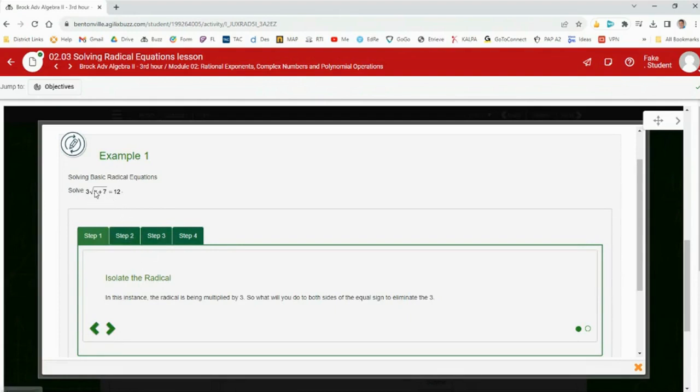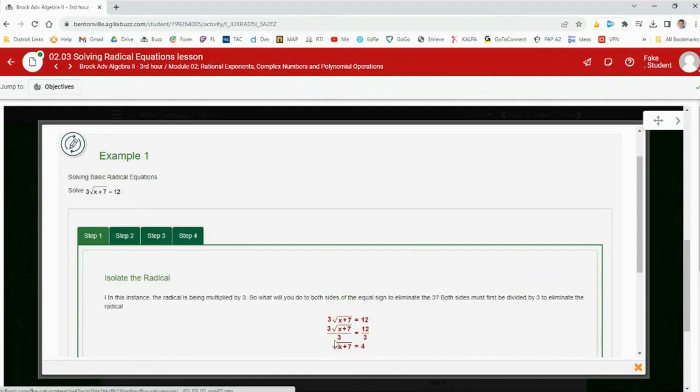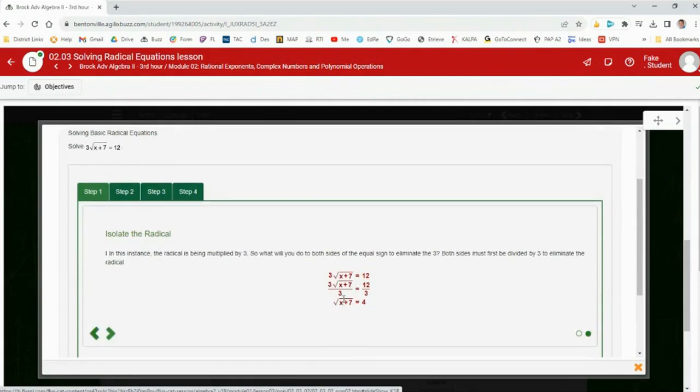Well, just like before, when we had the square root of x minus 3 plus 4, we have to deal with everything not under the radical first. We've got to get the radical by itself. So the first thing, it's multiplied by 3. So let's divide both sides by 3. See, when they do that, now you have the square root of x plus 7 equals 4. Because they divided the 12 by 3.